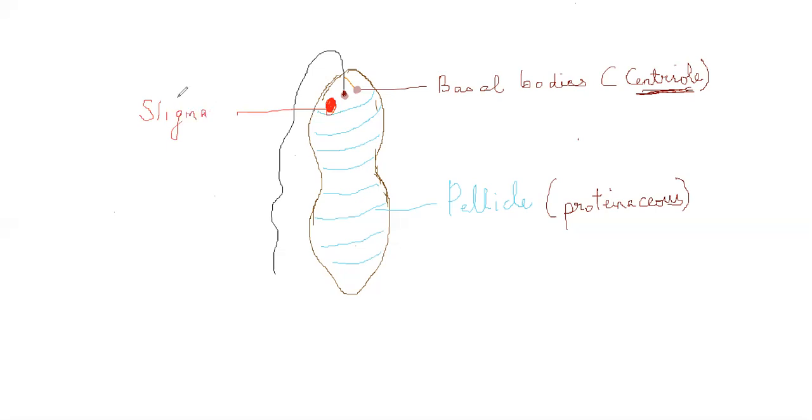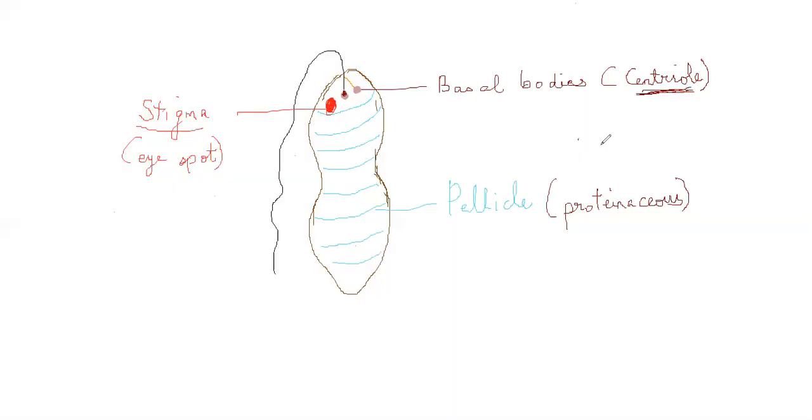This is stigma. Okay. The stigma is also known as the eye spot. This is also known as the eye spot. So the eye spot, right?